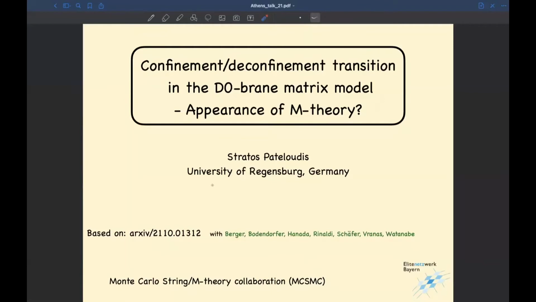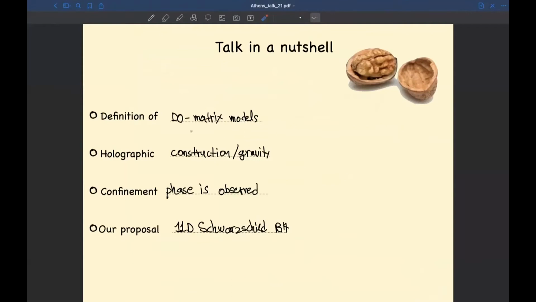And in a nutshell, I would like to describe how my talk will go. I will start with the definition of D0 matrix models. Then I will discuss the holographic construction of these models and how the degrees of freedom organize themselves to produce gravity data.